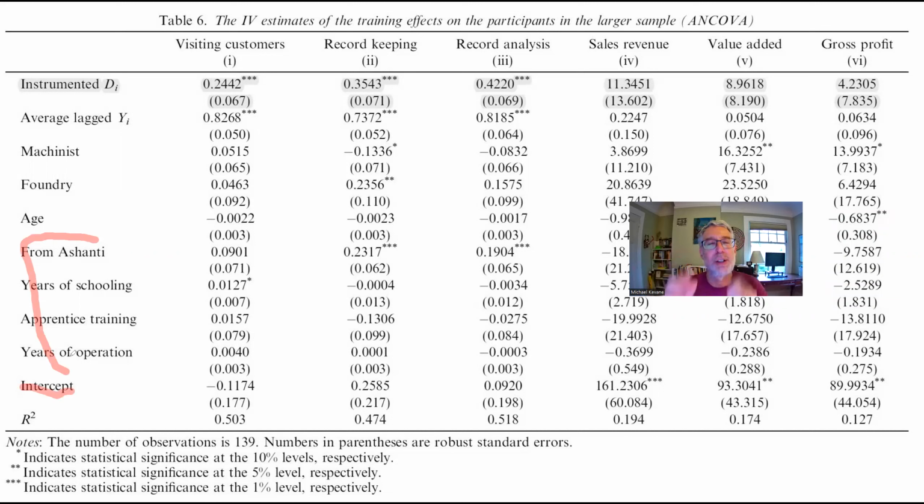So this table could have been made a lot more compact simply by omitting the results of those explanatory variables and putting it in the notes that these were additional explanatory variables. And maybe if it was relevant to note whether the Ashanti ethnic group was important for some reason, they could have noted that in the paper or in the notes.